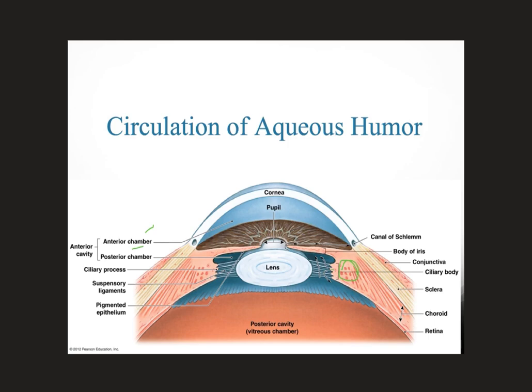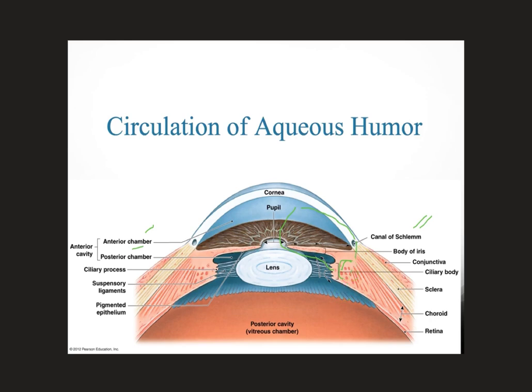Therefore, it's going to have to travel over here to your anterior chamber. Once it travels to the anterior chamber, it gets collected over here through this little hole, which is your canal of Schlemm. And it enters the canal of Schlemm and comes back to the posterior chamber.